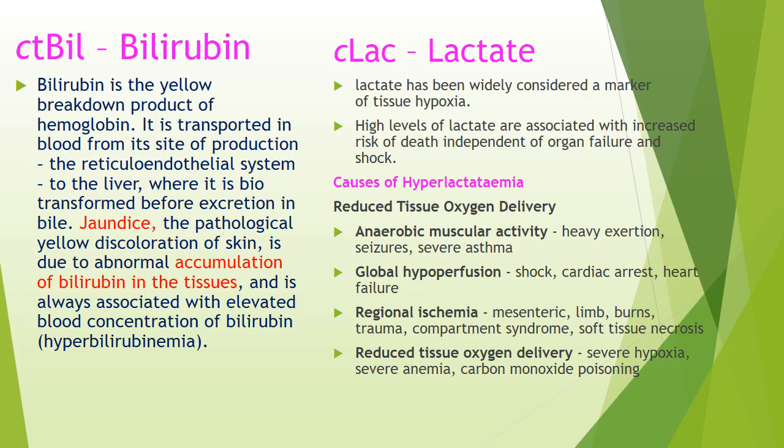When there is reduced tissue oxygen delivery, for example, anaerobic muscular activities like heavy exertion, when a patient gets seizures, severe asthma, global hypoperfusion like shock, cardiac arrest, heart failure, regional ischemias like mesenteric ischemia, limb burns, trauma, compartment syndrome, soft tissue necrosis.